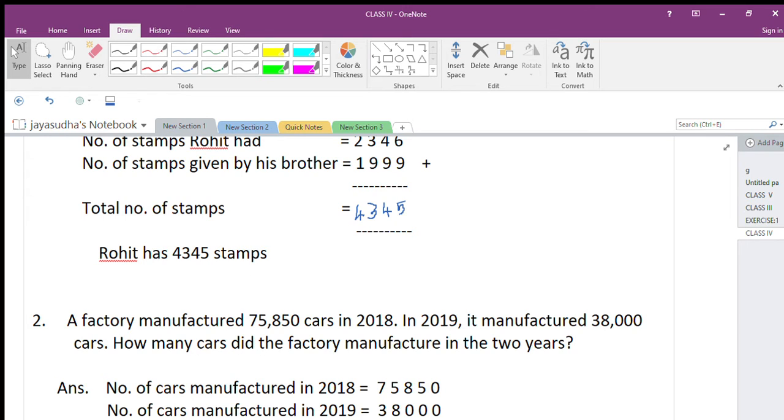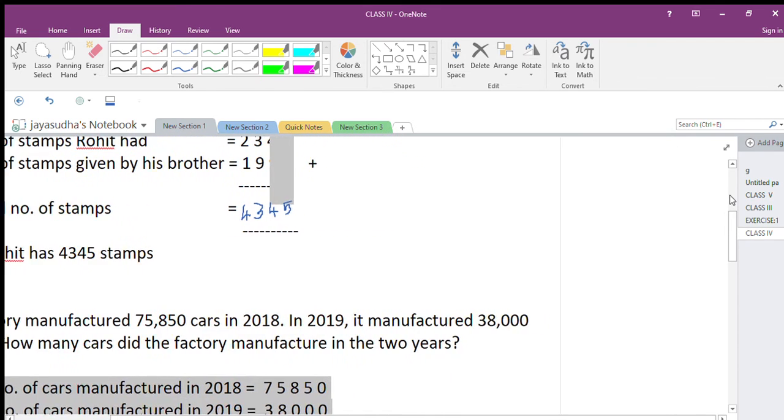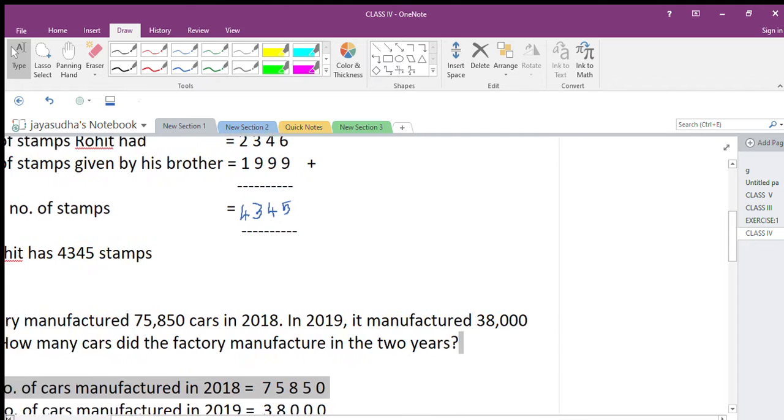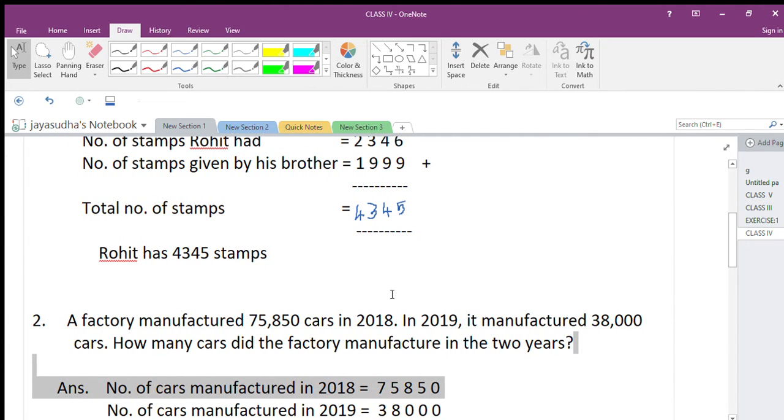Rohit has 4,345 stamps. So totally Rohit has how many stamps? 4,345. Now you have to copy this sum, children. Now you finished. Move on to the second sum.